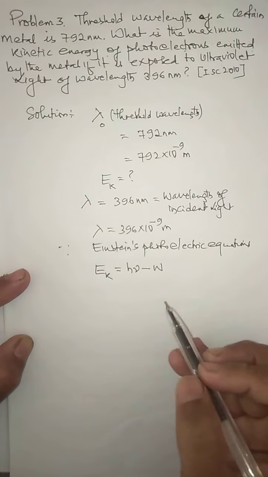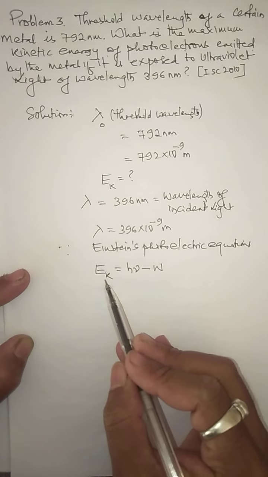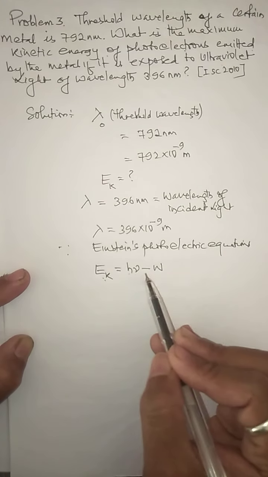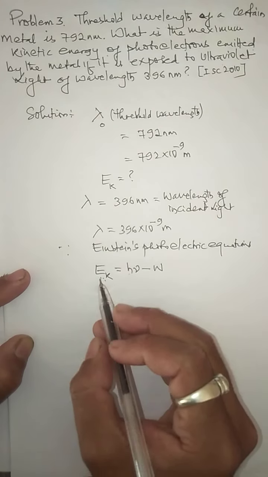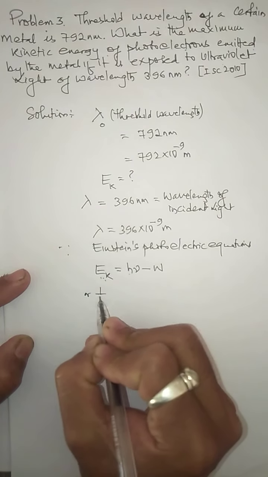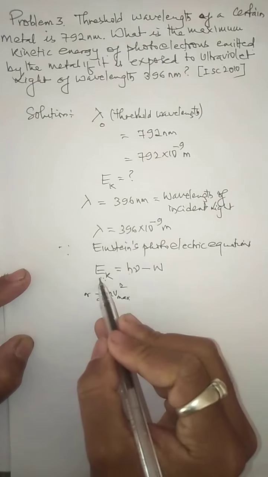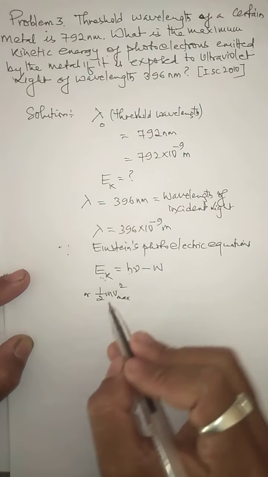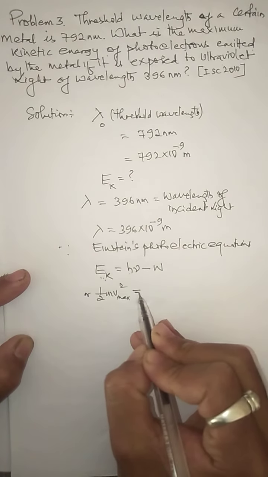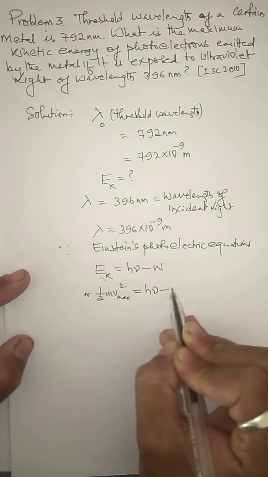This maximum kinetic energy is also written as half m v max square, that is equal to h nu minus w.